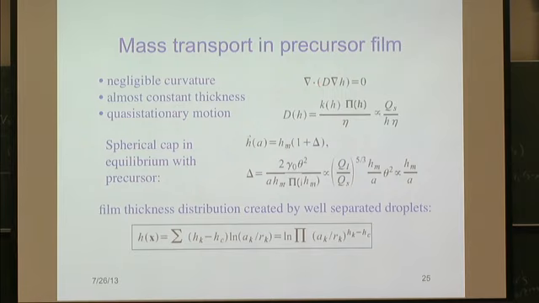If we neglect small variations of thickness, this is the Laplace equation, and the Laplace equation we can solve very easily, and this will be the distribution of thickness, which depends on the radii of the droplets and the distances between droplets.